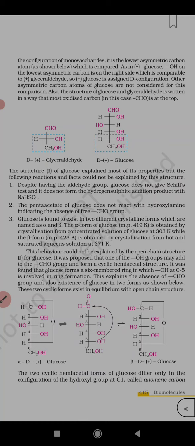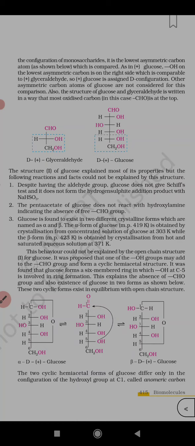The first carbon in which the configuration of the OH group differs is called the anomeric carbon, the aldehyde carbon before cyclization. The alpha and beta forms are called anomers.